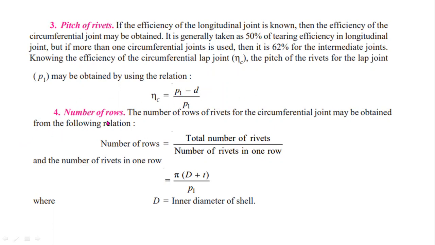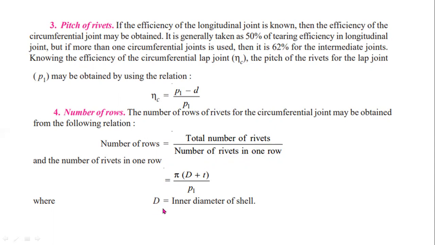Now the fourth step is the number of rows. The number of rows of rivets for the circumferential joint may be obtained from the equation: number of rows equals total number of rivets divided by number of rivets in one row.